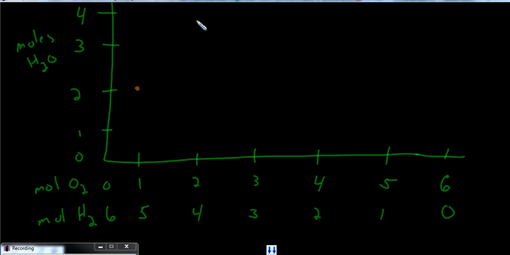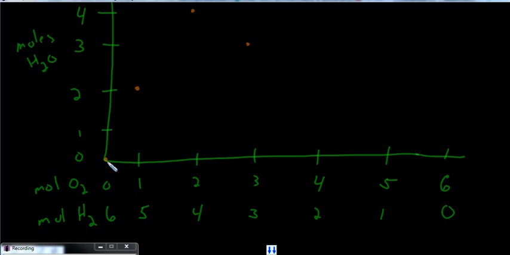Well, you should have gotten 4 moles of water. And if you had used 3 of each, you would have gotten 3 moles of water. And so we collect data points in a variety of different ratios, and from that we're going to create some lines which should intersect. Let's create one more line here. You know that if there was no oxygen, you should get no water as well.